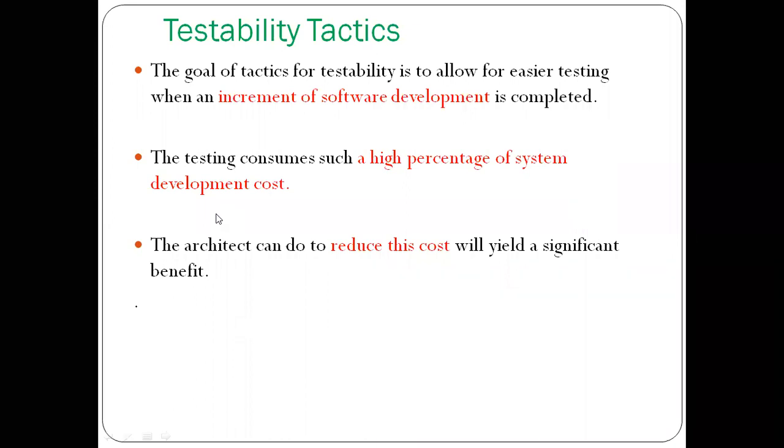If we allocate some amount to a particular project, the testing part also consumes a good share of that total amount. And who can reduce the cost of this testing? The architect may reduce the cost of testing while designing a project.